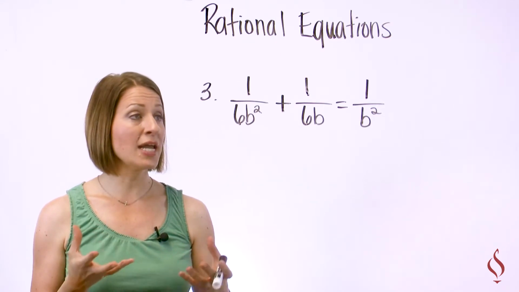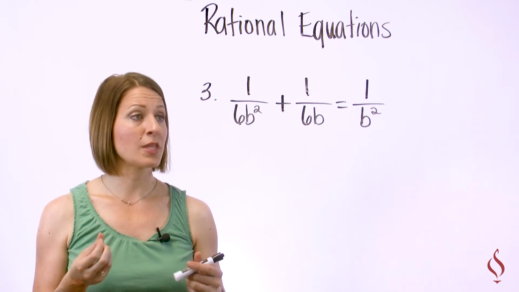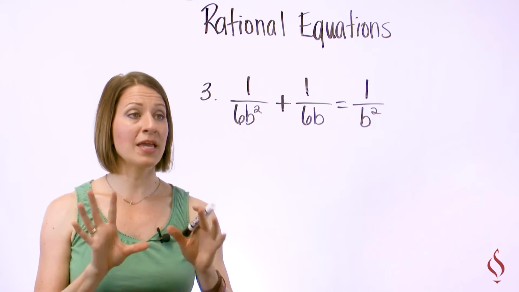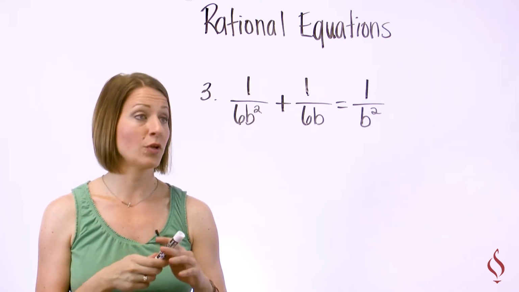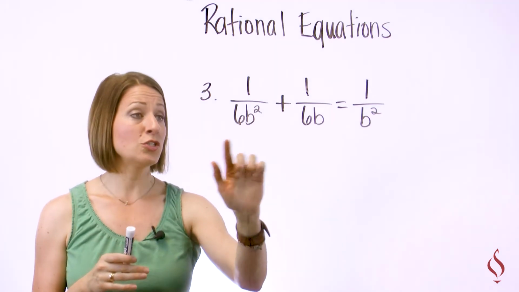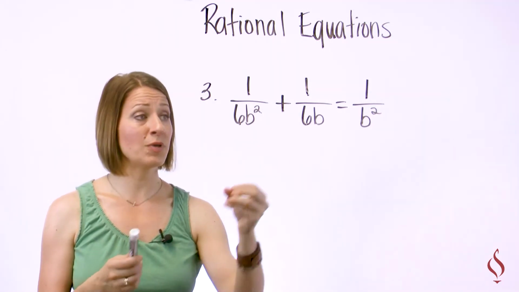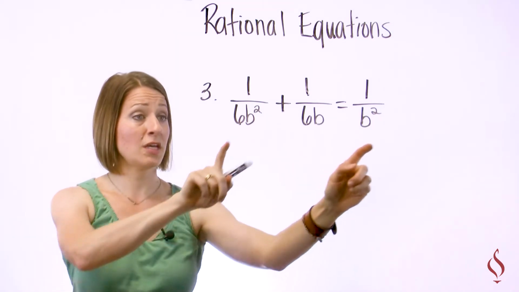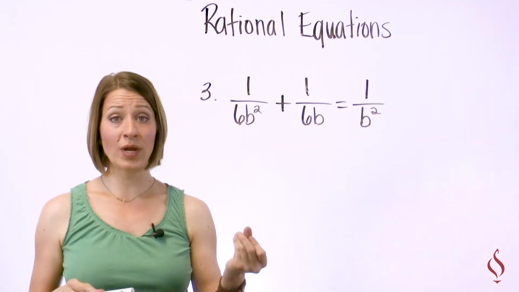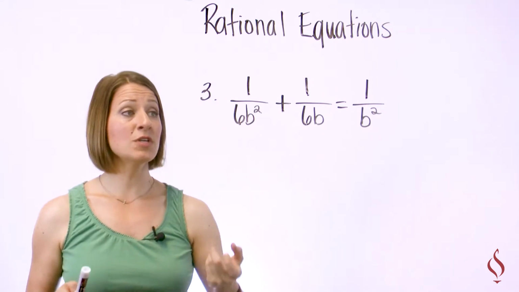And so I want to ask you, how can we make all these denominators match each other? Okay, so for example, 2 of them have 6, but the third one doesn't have a 6. 2 of them have a b squared, but this middle one doesn't.